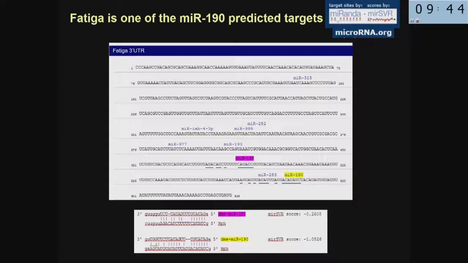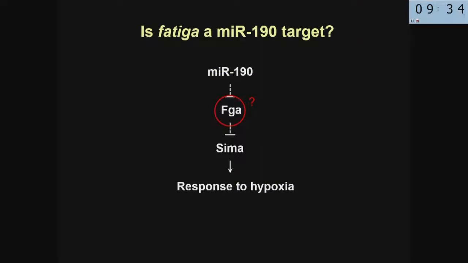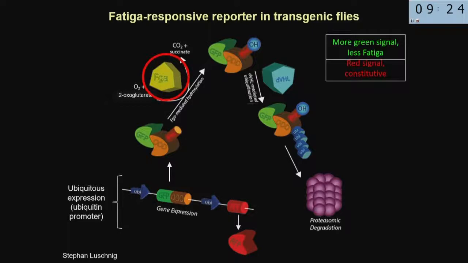And there were two possible binding sites on the 3' UTR of this gene. So we went on and asked if fatiga was maybe the direct gene controlled by miR-190.